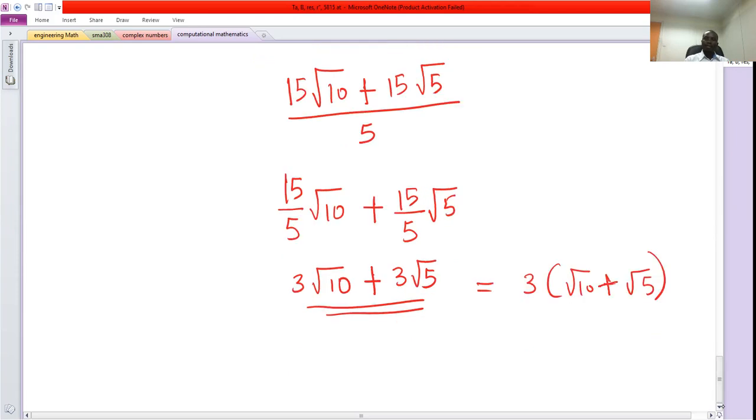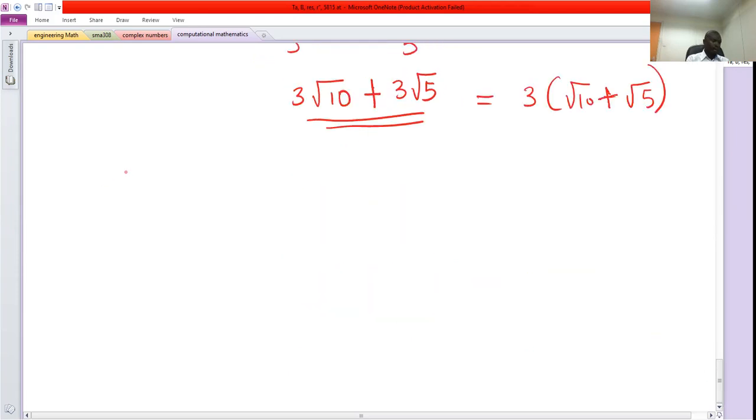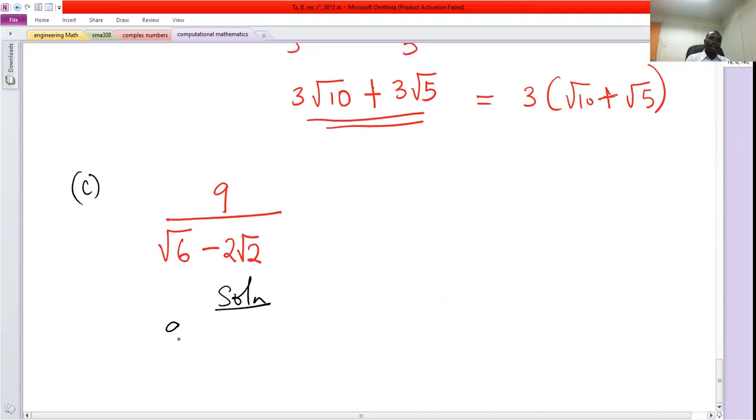And then next example, we have 9 over square root of 6 minus 2 root 2. So this is C. For the solution, you write 9 divided by root 6 minus 2 root 2.